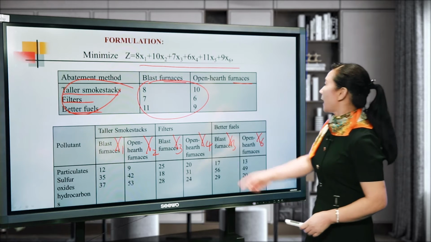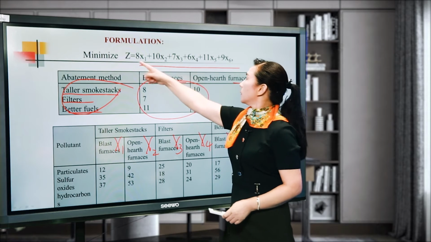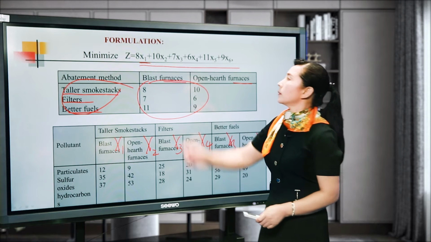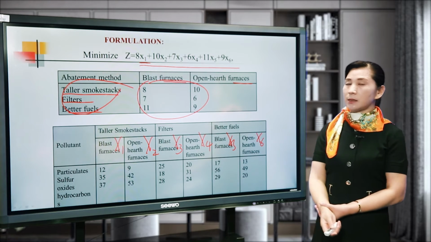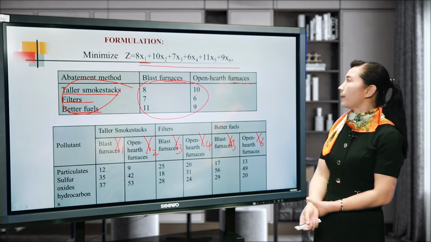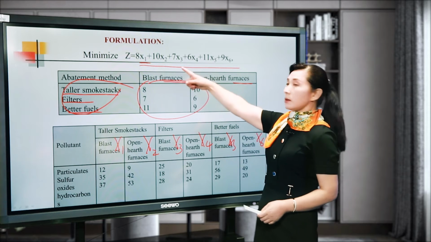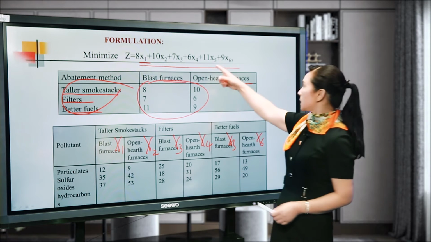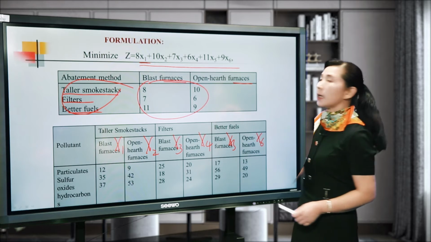So we multiply these numbers by the decision variables, and we describe the objective function. Minimize J equals 8x1 plus 10x2 plus 7x3 plus 6x4 plus 11x5 plus 9x6.